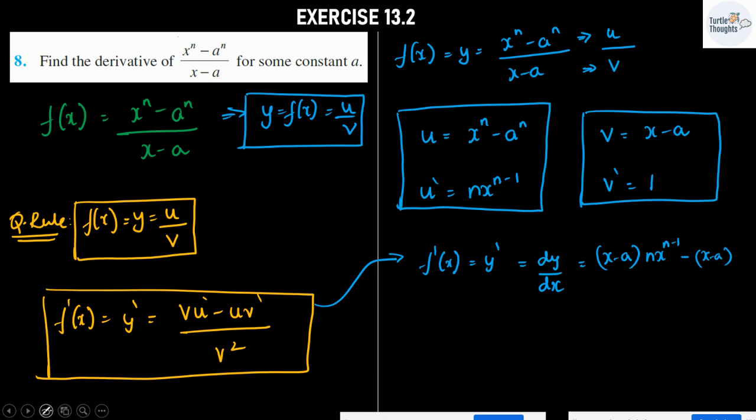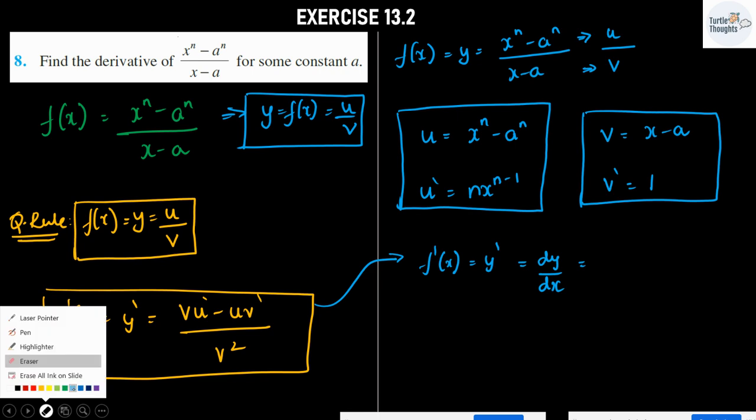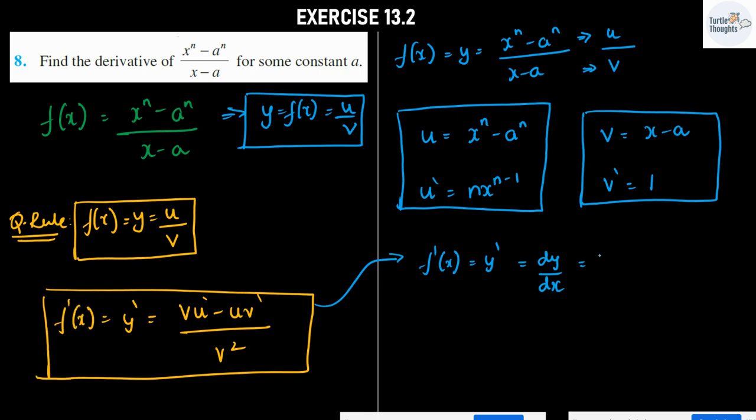Yes, so let me erase the same thing. I can write this as u dash, which is n x to the power n minus a n x to the power n minus 1. This is taken as 0.